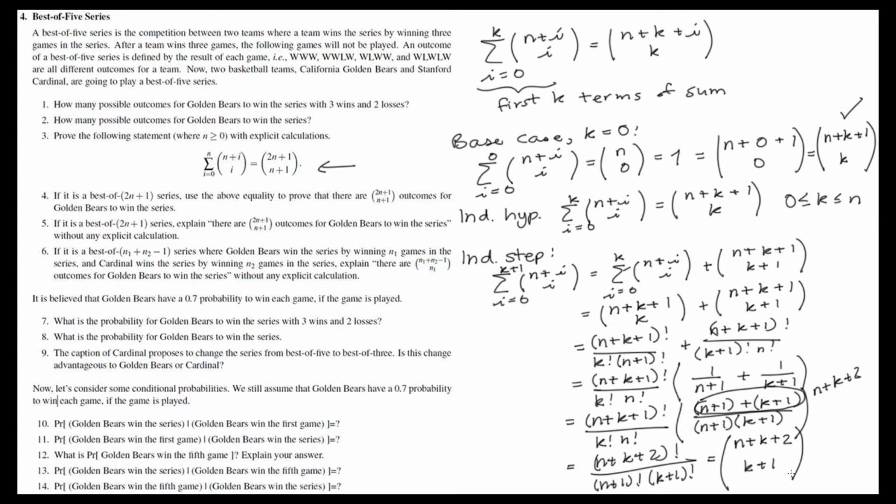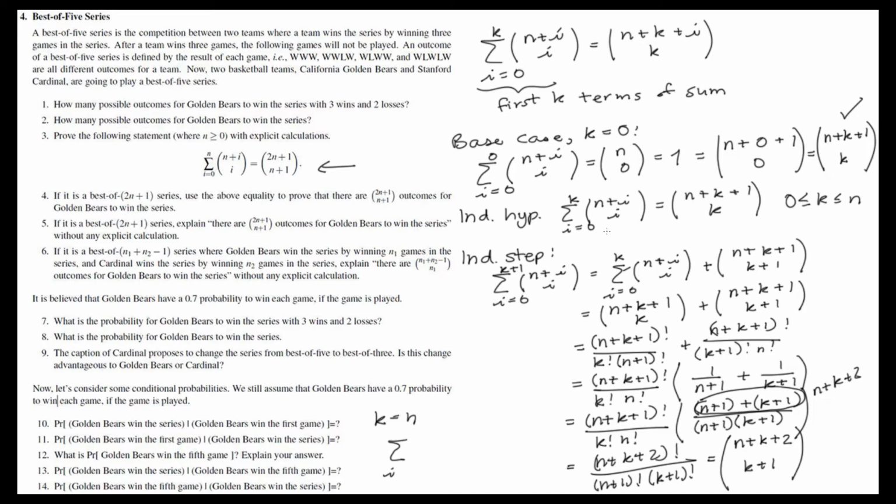So now we've shown that the sum of the first k terms in this summation is n+k+2 choose k+1. We've shown our inductive hypothesis.